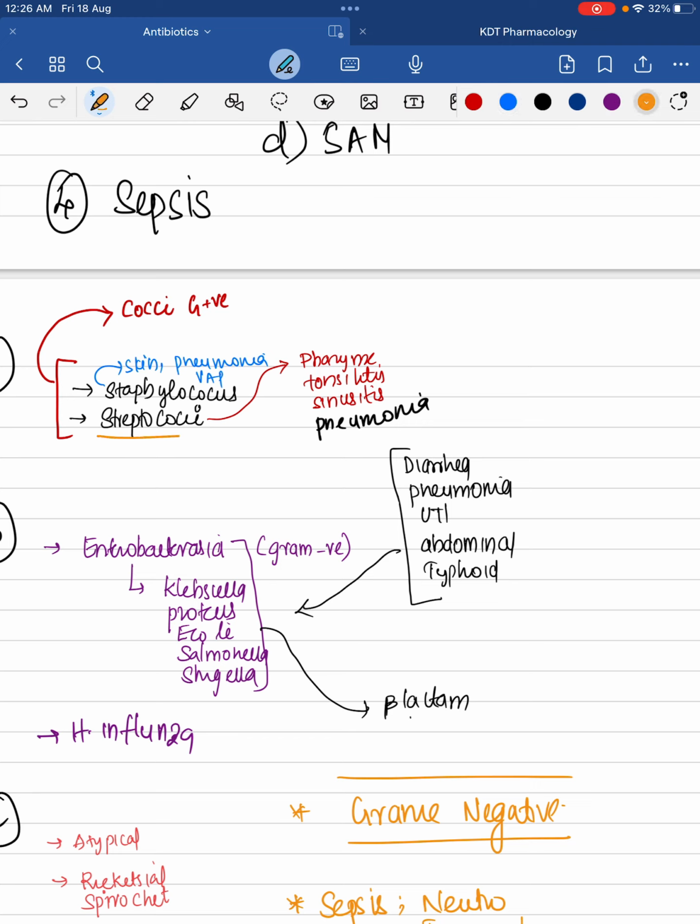We will be discussing Streptococcus. Amoxicillin, the simple penicillin, is enough, because Streptococcus is not commonly producing beta lactamase. So amoxicillin is enough. For Staphylococcus, the two we already discussed are methicillin and the first generation cephalosporins.